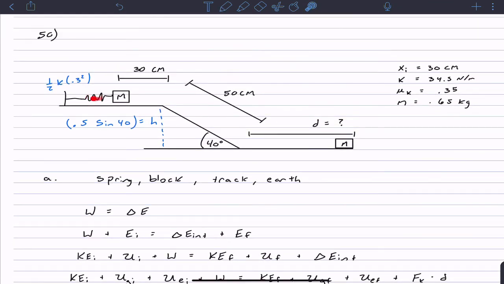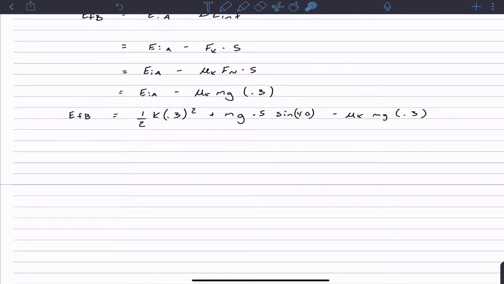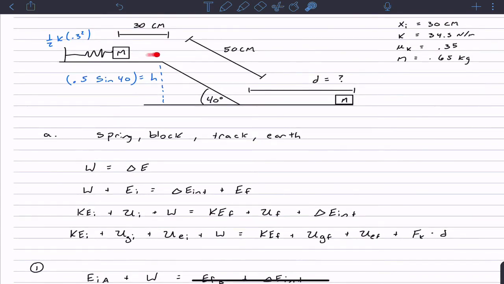So we have our initial energy here with the spring potential, we have gravitational potential, and we have, right, so those were our initial, and then we had the work being done as it travels, right?